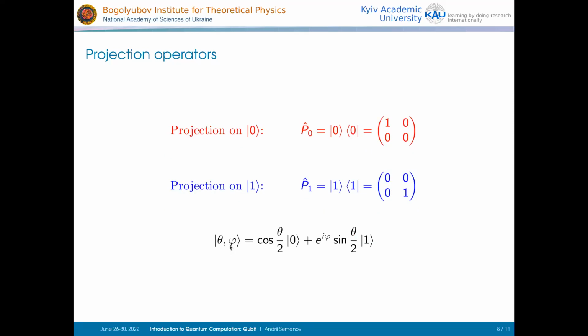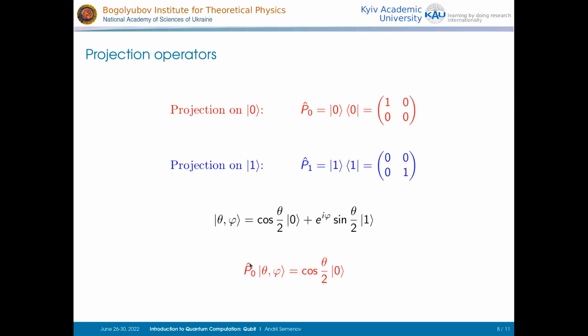If you consider, just as an example, your state looking like this, and apply the projection operator P0 to this state, you get again a state, cosine theta over 2 times 0. So the projection operator applied to this vector gives a new vector, but this vector is not normalized.